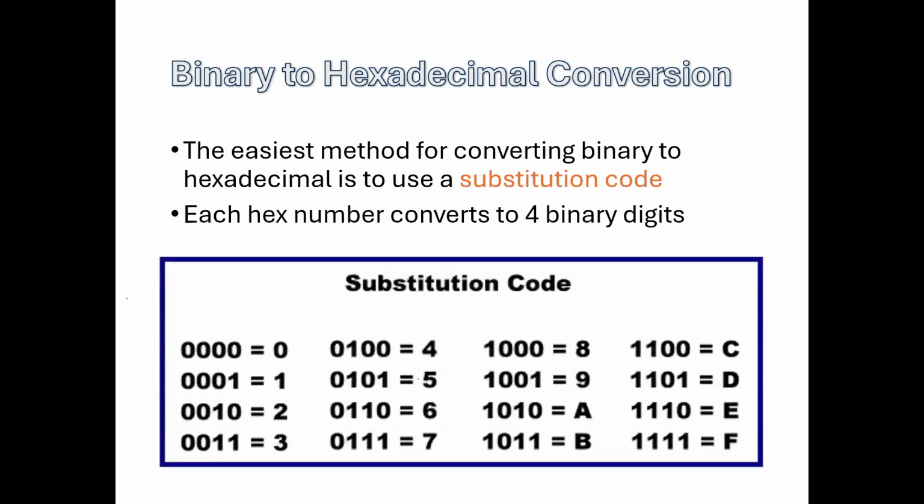Substitution code means that if I have 0 in hexadecimal, it is going to be 0000 in binary. If I have 1 in hexadecimal, it's going to be 0001 in binary. So I'll just look for the numbers and substitute with their equivalent in hexadecimal.